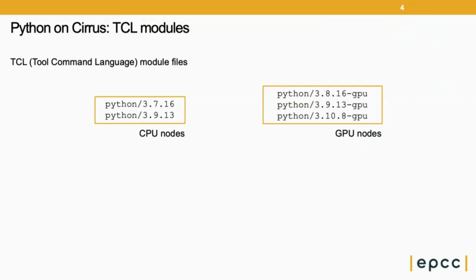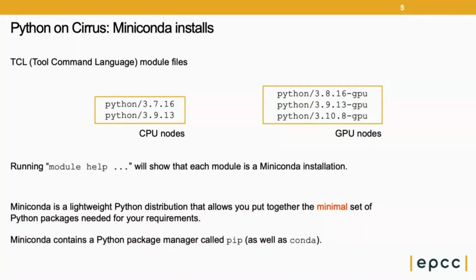When a module has a -GPU suffix, that just indicates that it's meant to run on the GPU nodes and not the CPU nodes. The version number just follows the version of Python that's being used. Each of these Python modules will provide a number of Python packages allowing you to do parallel processing on the Cirrus compute.